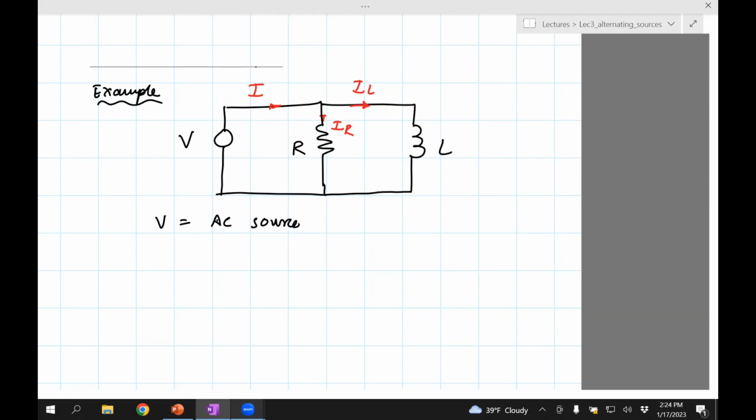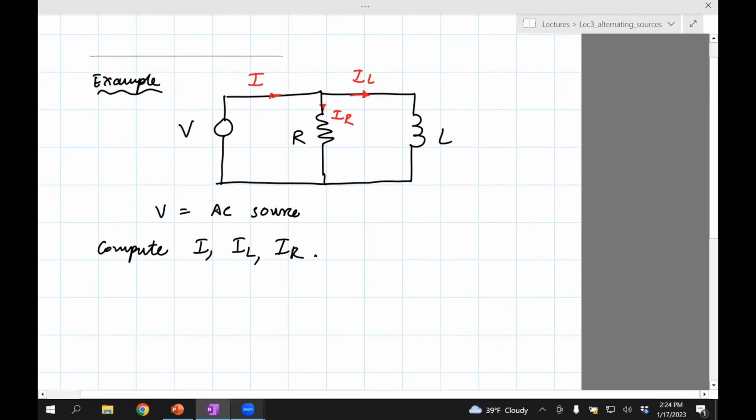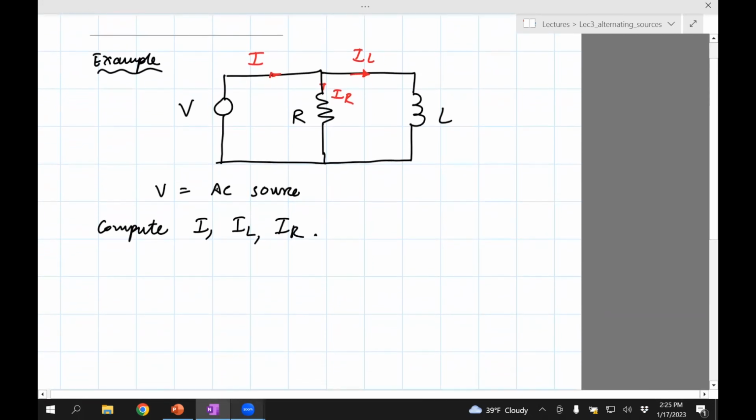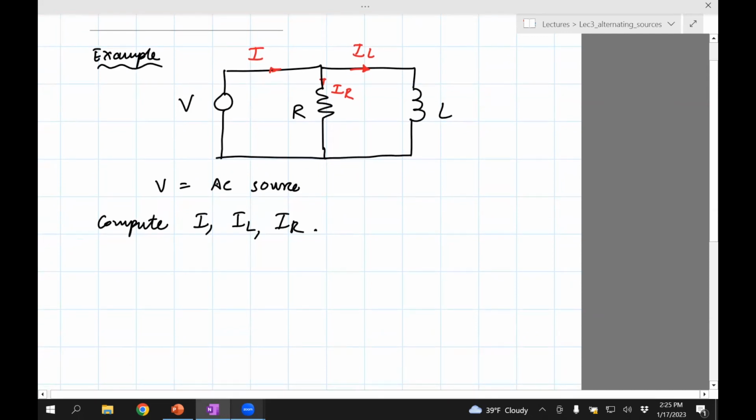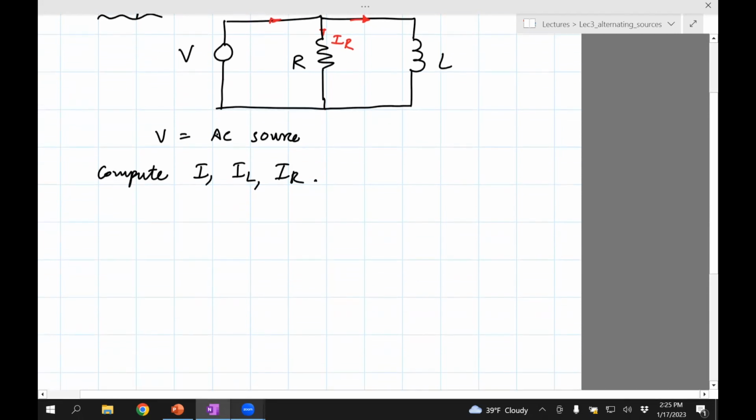Okay, the question is compute I, IL, IR, the currents in the individual branches. Now one of the advantages of what we've done so far is that we have reduced everything in terms of an equivalent resistor. The impedance is like a resistance, and so we can use the same formulas we looked at earlier in order to analyze this.